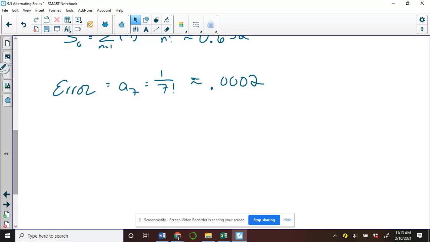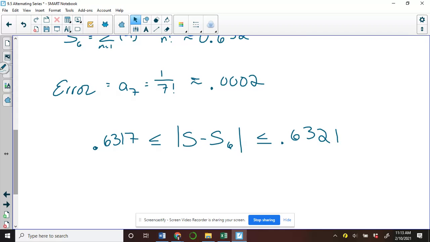Meaning that the actual sum for the series minus the sum of the 6th term is between, and at this point we're going to take our 0.632 and subtract this 0.0002 and get our 0.6317, and it's bounded on the top, so this time we're going to add, and we're at 0.6321.